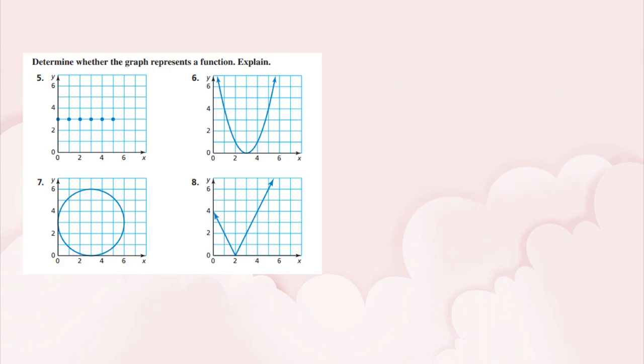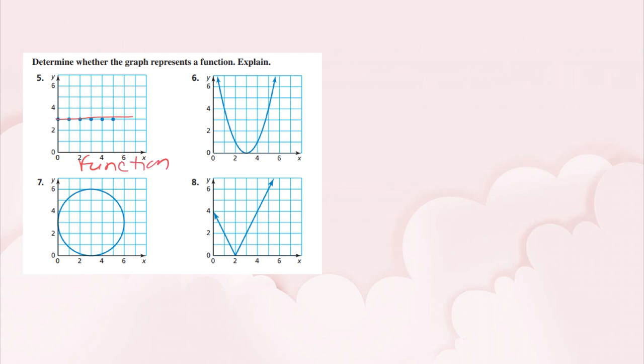Okay, now we're going to determine whether the graph represents a function, okay? And we're going to explain. Number 5, is that a function? It is a function. Why? The inputs are different.